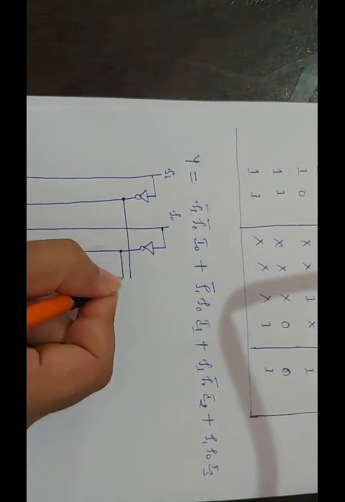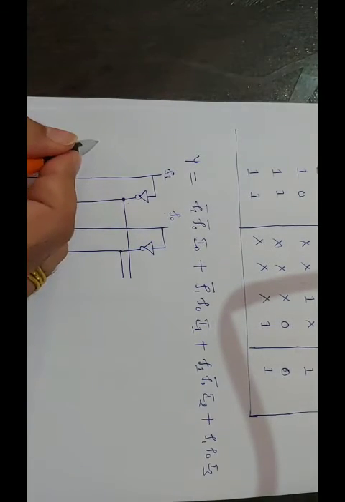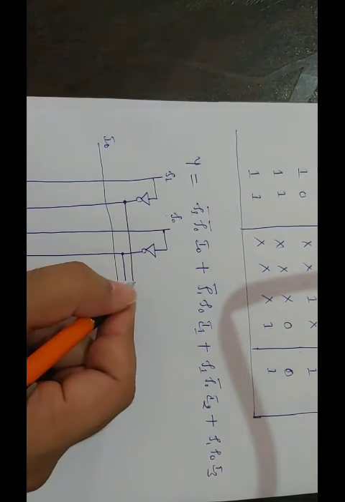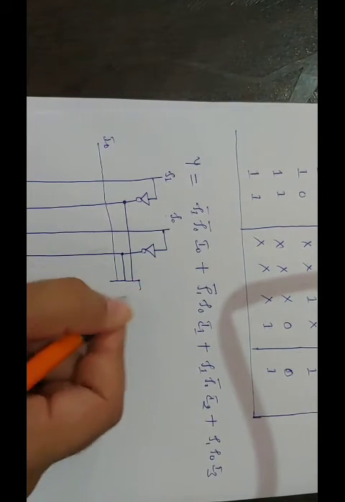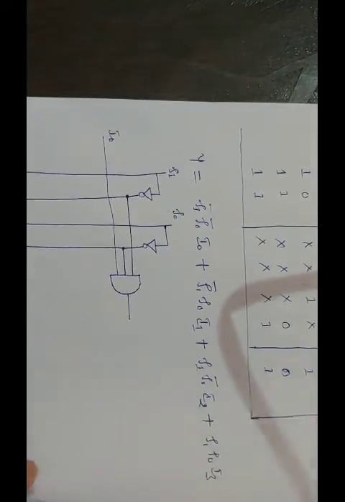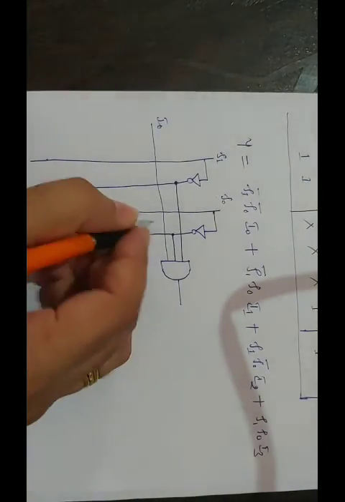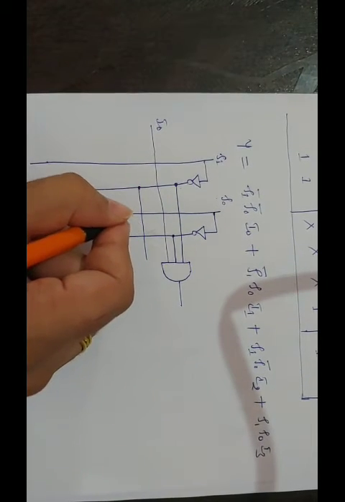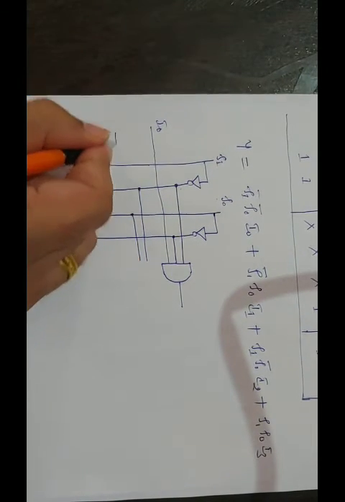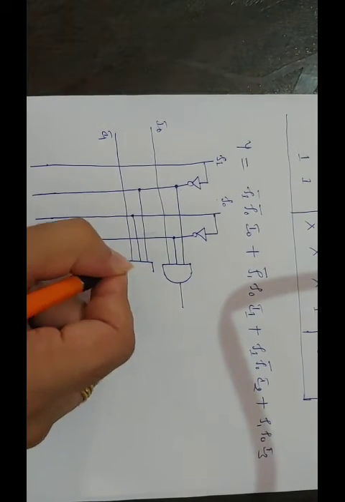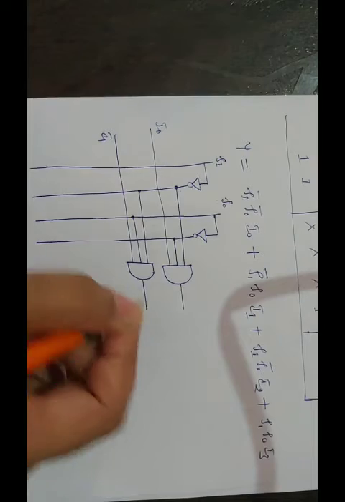So first one S1 bar, S0 bar, then it has been with I0, so make the I0 line one more line here. So these are the input lines and it is an AND operation, put the AND gate. Similarly proceed for the others, so that means it is S1 bar, S0 then I1, so use an AND gate.